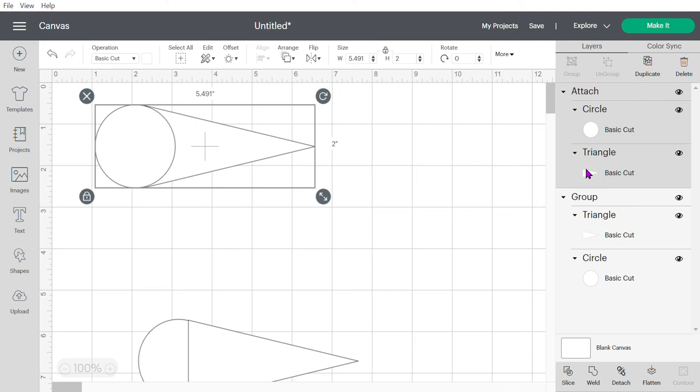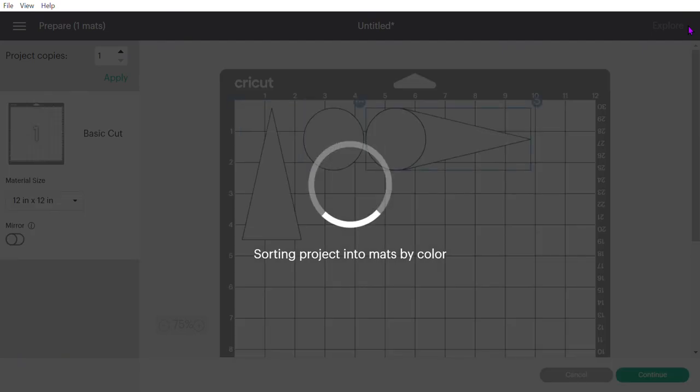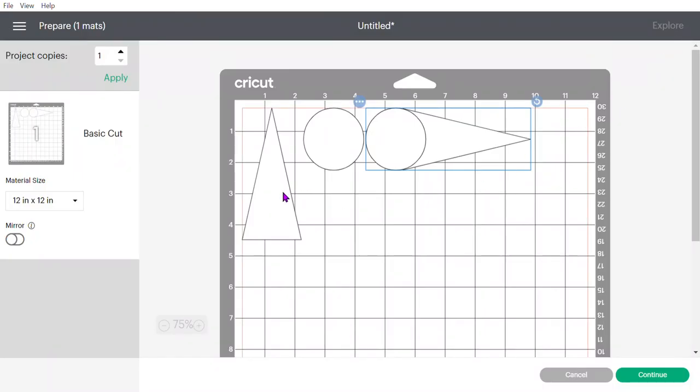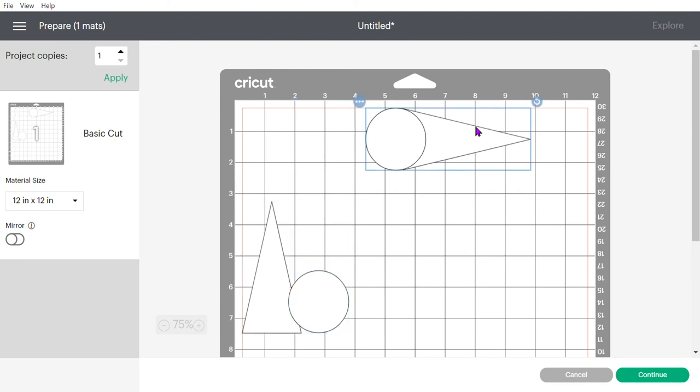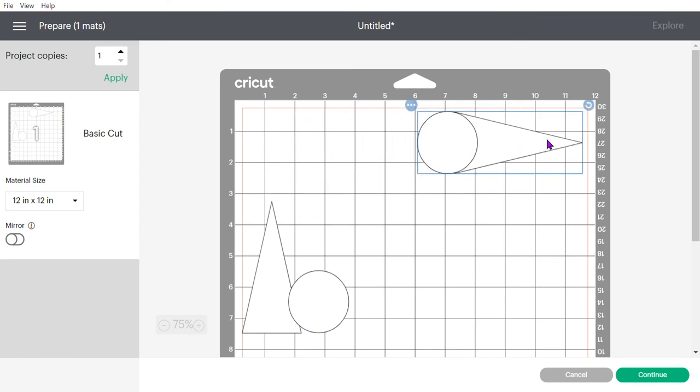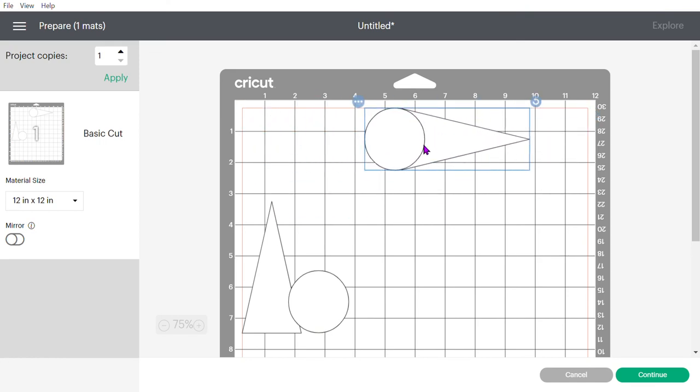They are still going to cut the full triangle, and they are still going to cut the entire circle. We go over to make it. Remember, the first one we had grouped, so we have that triangle and that circle here, and then this one's attached, so they're going to cut together, but they are going to cut the entire circle and the entire triangle. So you're going to have this weird little cut right here that you may or may not want.